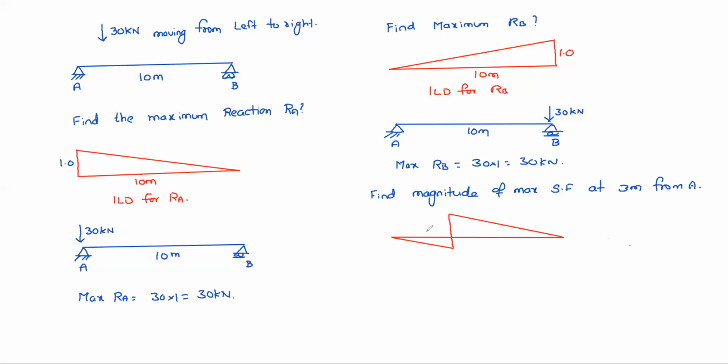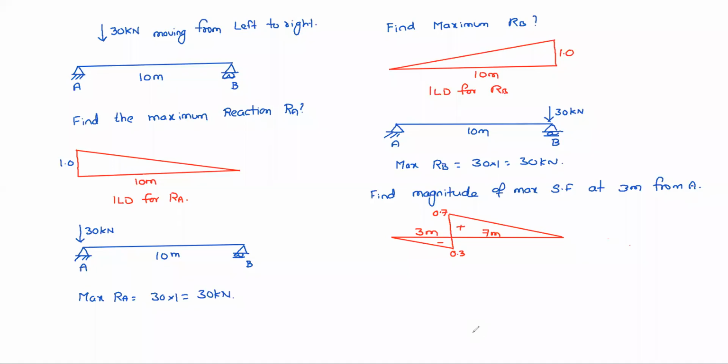So this is 3 meters, this is 7 meters. Obviously, this is 0.3 negative here, this is 0.7 positive here. So what is the maximum ordinate? See, the negative ordinate maximum is 0.3, the positive ordinate maximum is 0.7.